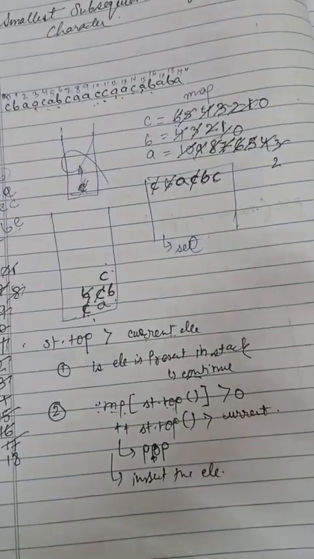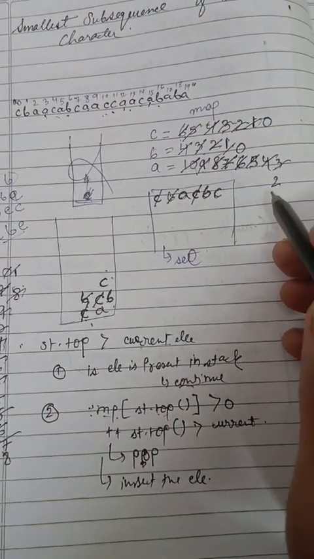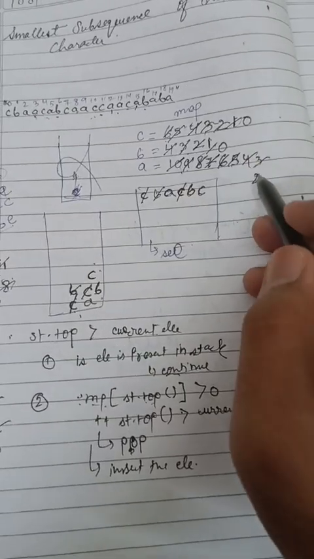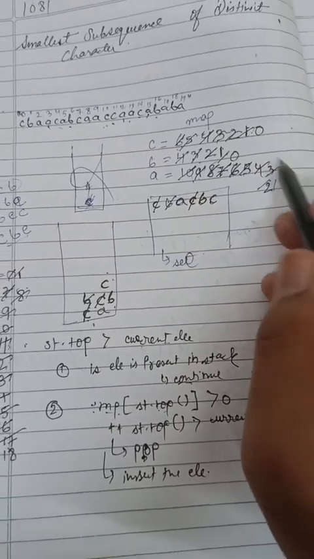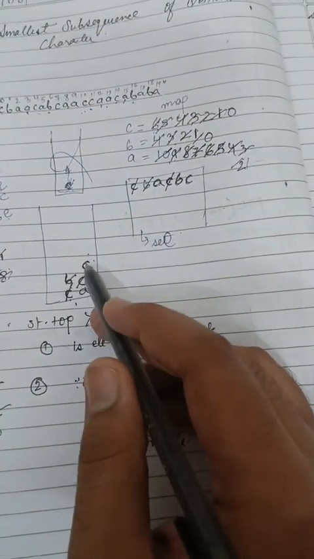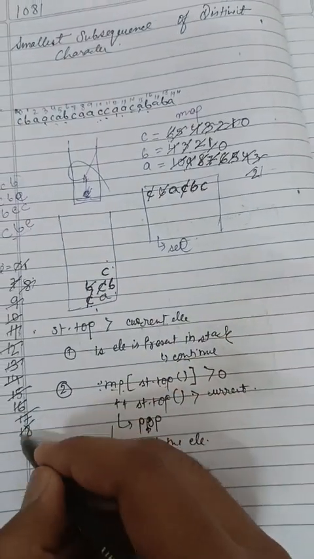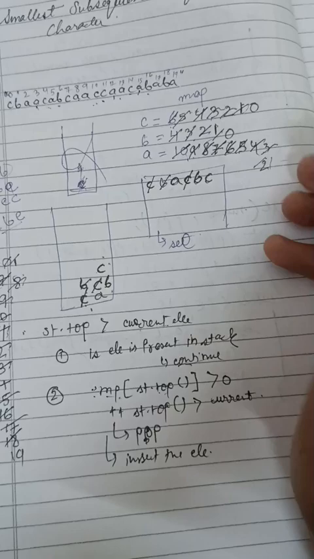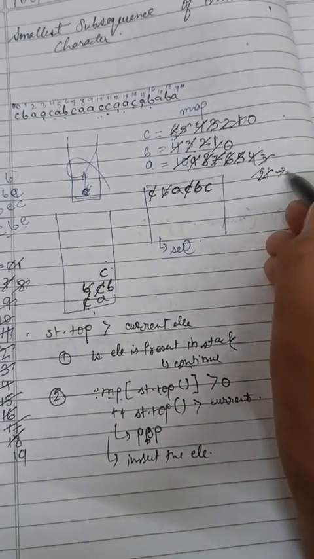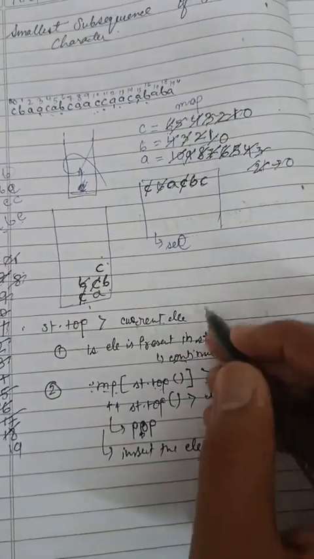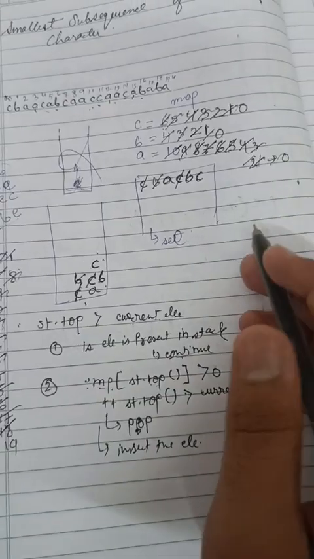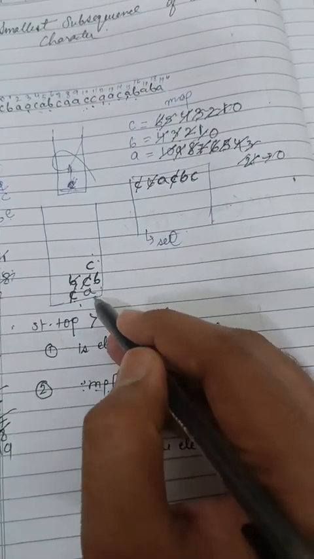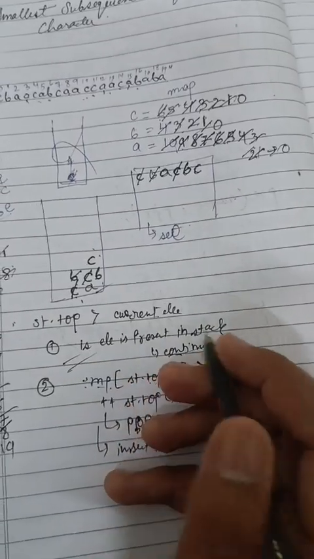Let's see. I think I just missed the frequency of A somewhere, because it should be now 1 and then next time 0 again. The A B cannot happen, so we will continue. The moment we continue with 19, we will be on index 19, so the 1 becomes 0, and when we try to insert A, it is smaller and already present in stack according to condition 1, so we will continue.